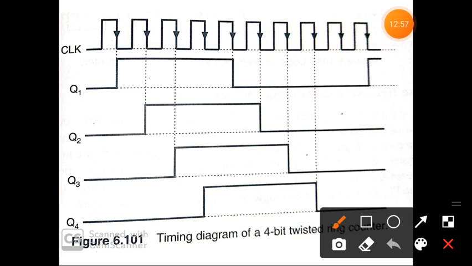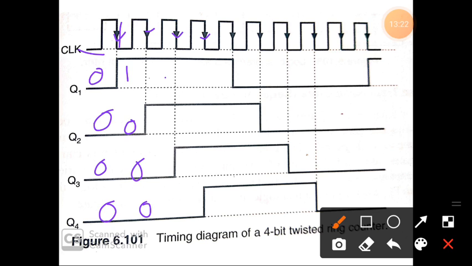Initially the clock pulses are given and it is negative edge triggered. Initially all are 0, initially we set all to 0. Then after the first clock pulse Q1 will be 1, then 0.